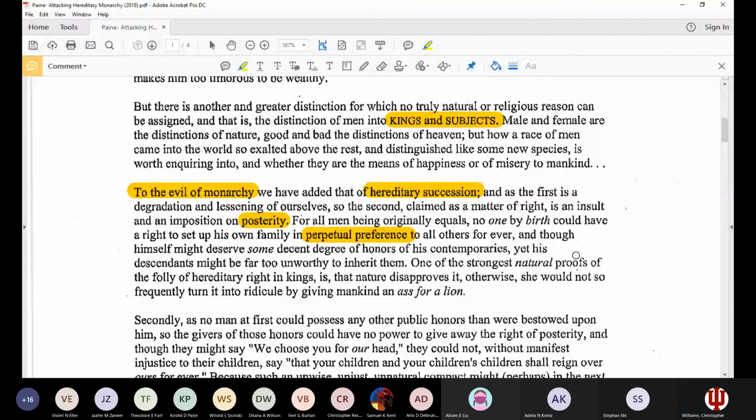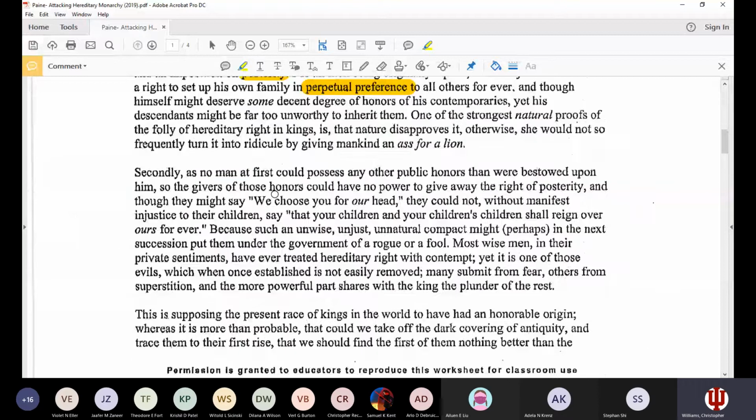Okay. And then he goes on in the next paragraph to say, if we have a circumstance where we decide to choose a certain individual for our head, meaning our leader, it doesn't automatically mean that the same people are going to say that your children and your children's children shall reign over us, over ours forever.